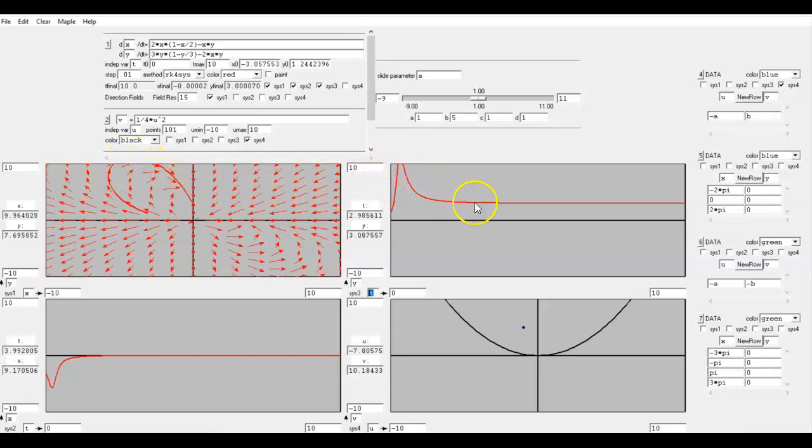And it looks like it flattens out. It goes to some sort of point here and then just sort of stops. And it seems like all these initial conditions seem to do that. They come to this point and then just sort of flatten out. Already I'm beginning to think that there's an equilibrium point right there because I see that the population stops growing.